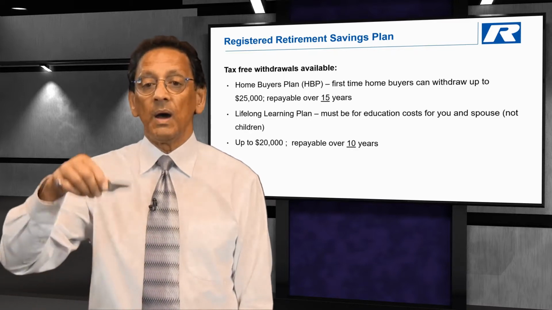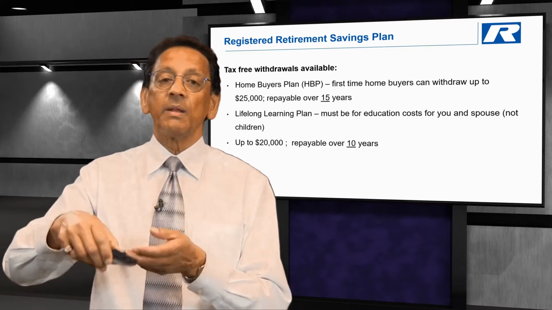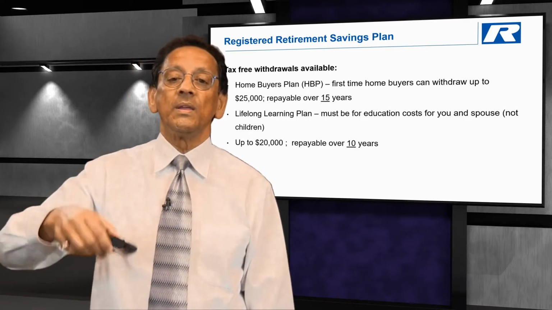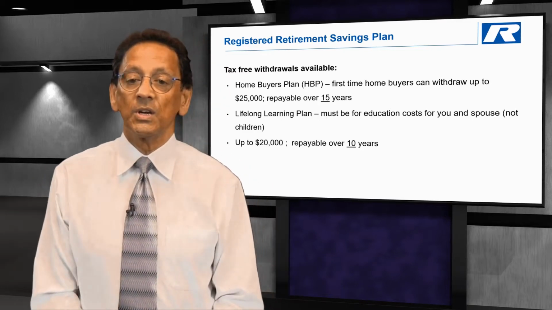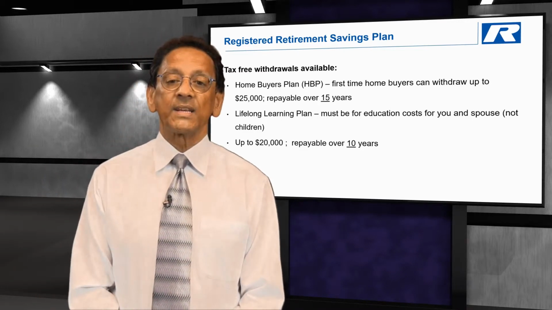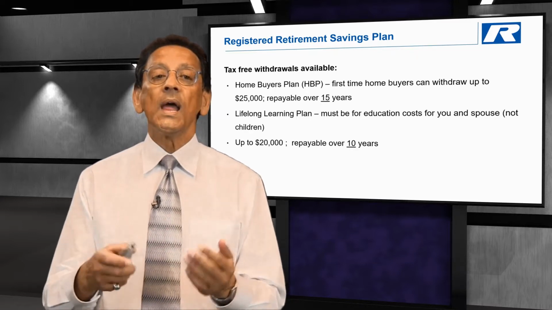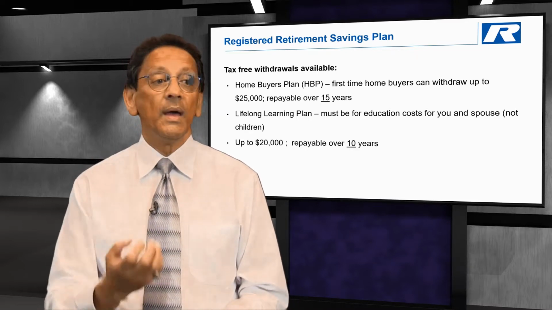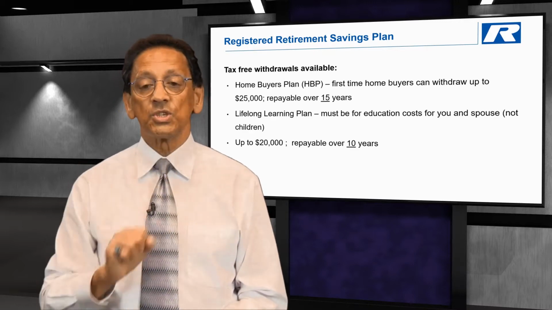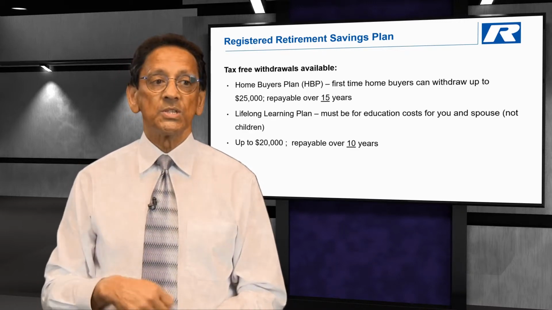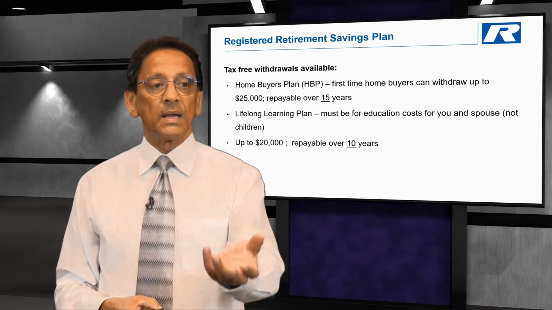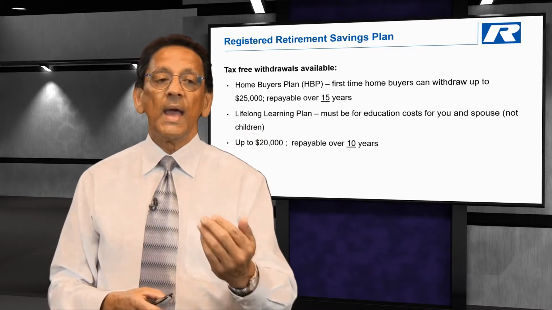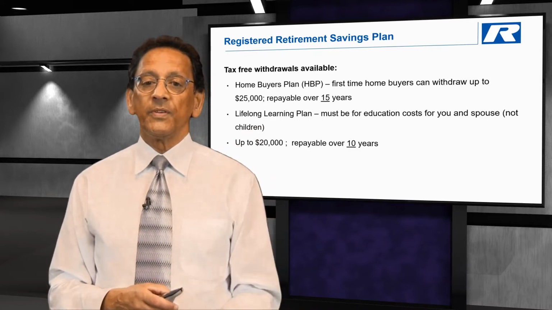Whatever you borrow, you divide it by 15, and you must repay that each year over the next 15 years without having any tax liability. Because remember, anytime I take any money out of an RSP, it's taxable, except for these two situations, the first of which is the Home Buyers Plan. I can take out up to $25,000 and repay it over 15 years.